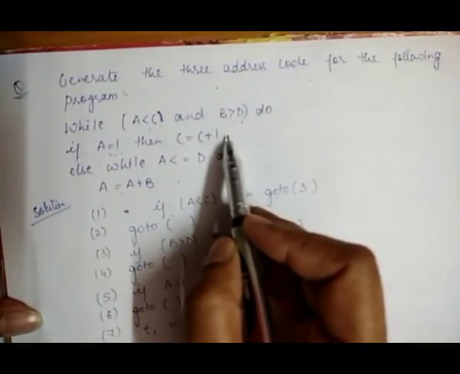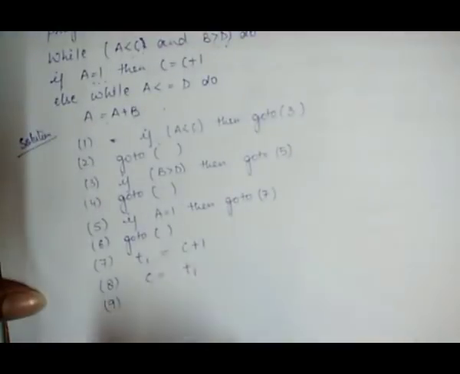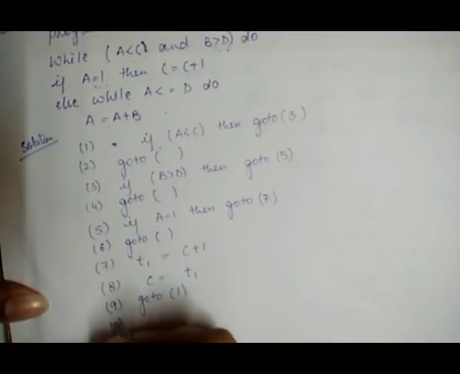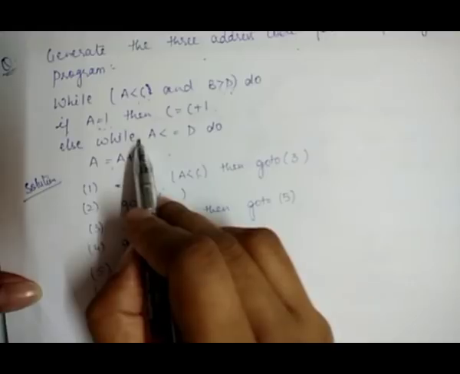After executing this statement, we again check the while loop until we get the false condition, so after this we go to 1. Now the 10th line: after executing this statement, we move to the else part.